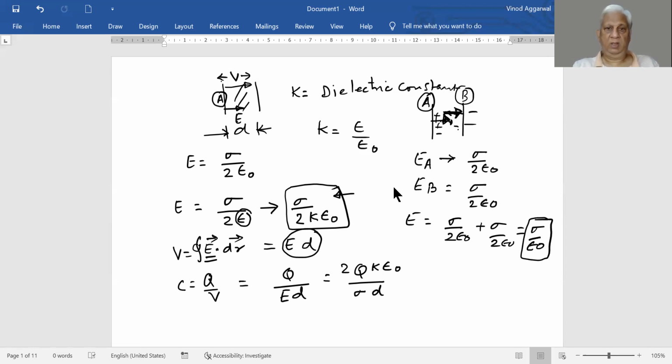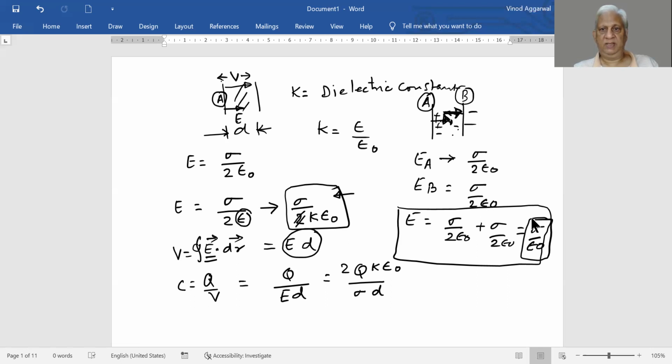So instead of 2 epsilon naught, we will have only sigma here because the field is acted upon by both the plates. This field E is on account of plate A, which is in this direction because it is positive, and because of B, since it is negative, it is toward itself.